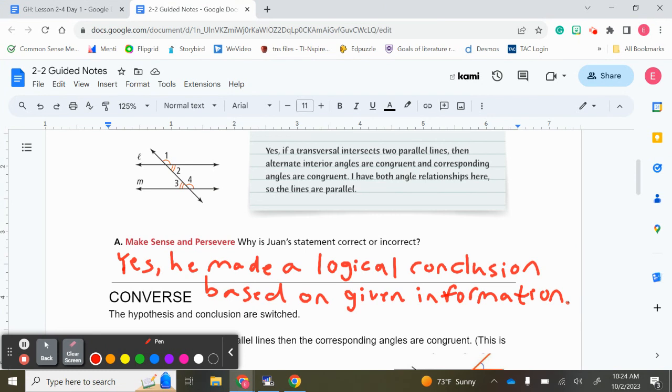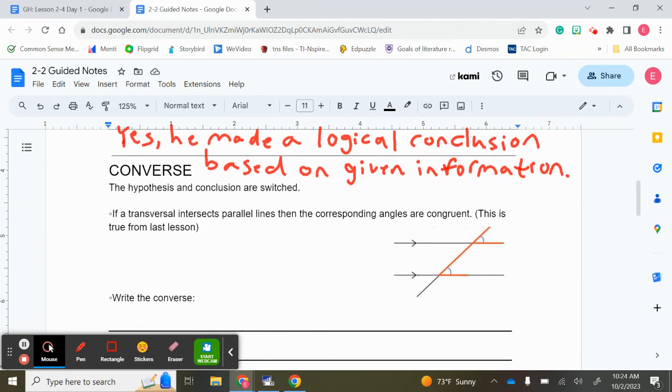So when we talked about alternate interior angles, alternate exterior angles, same side interior angles, and corresponding angles, we had the theorem or postulate, right? So if you are ever given parallel lines, that means you are proving angles congruent or supplementary. Now we're going to get into the other part of this where we're going to talk about the converse.